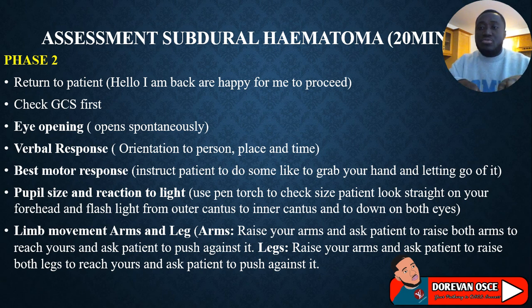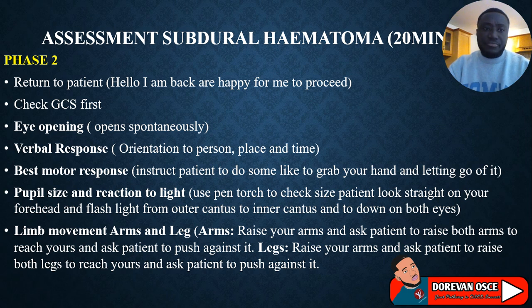If the patient is able to do that, or maybe you apply pressure on the legs and have the patient try to resist you, you give a score. Sometimes there might be power in both legs, or there might be normal power in the left leg and less power in the right leg. So you have to actually check that and then give a score for that.